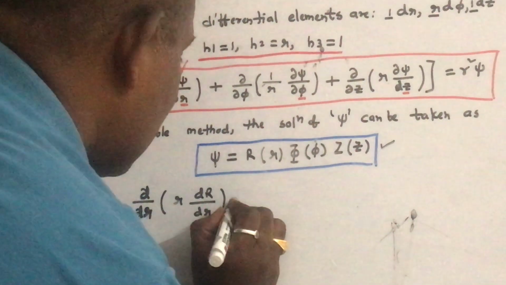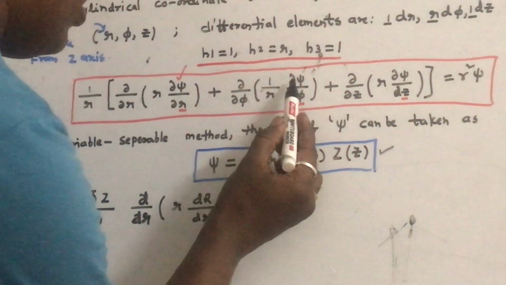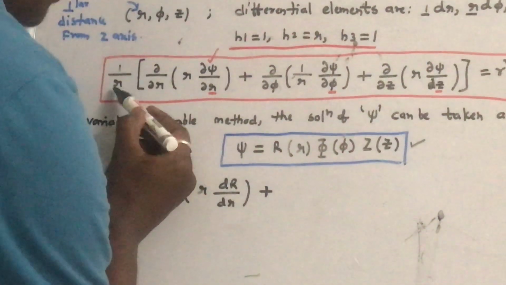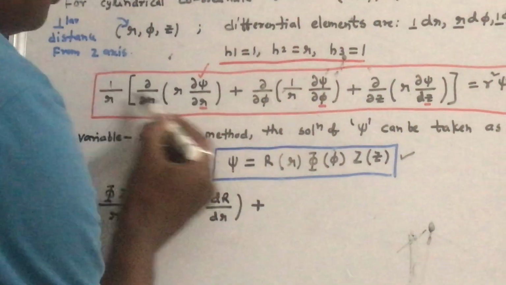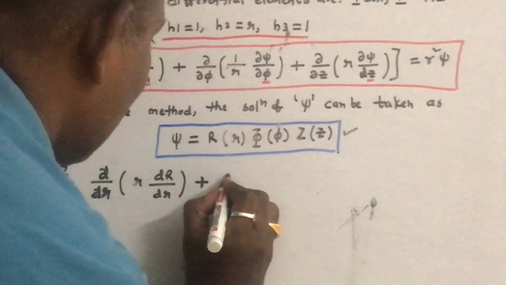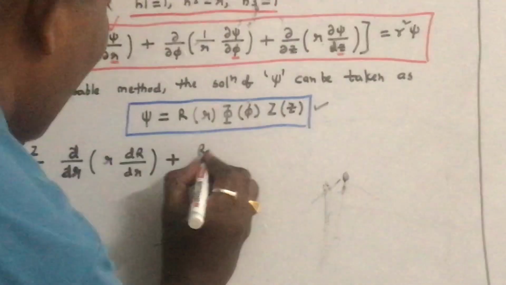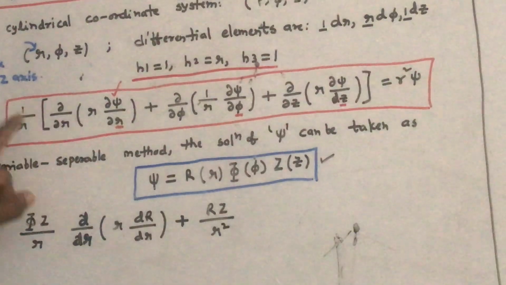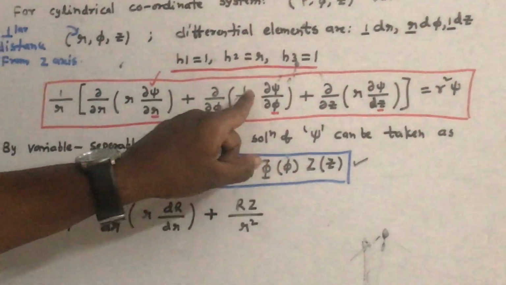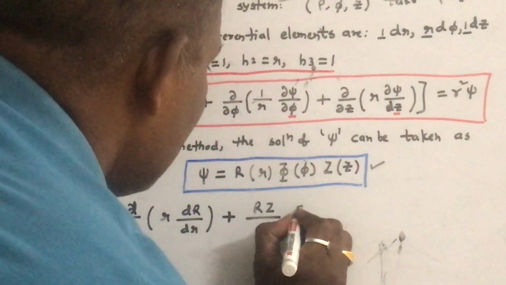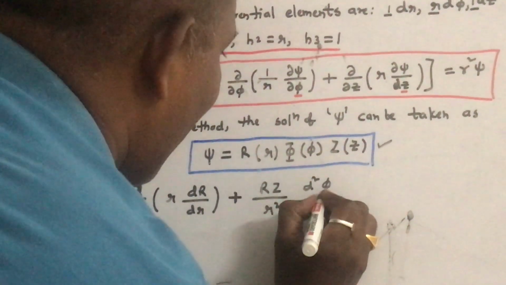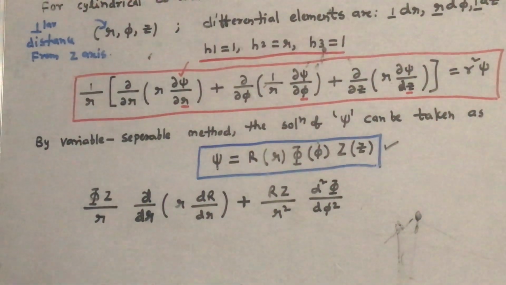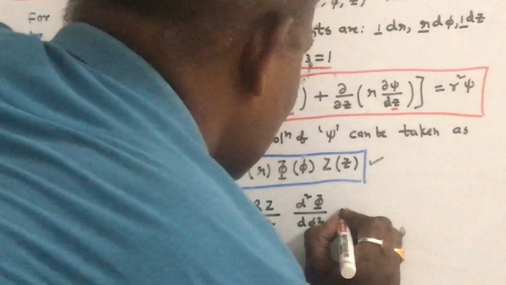The second one, if you substitute here, R and Z are constants, you can take R and Z outside and bring this 1 by r here. Finally this is written as R Z by small r square, since 1 by r into 1 by r will become 1 by r square, into d square capital Phi by d phi square, plus the last one.